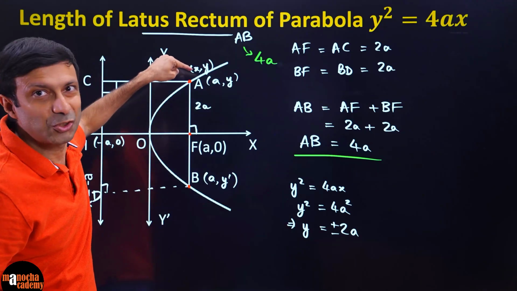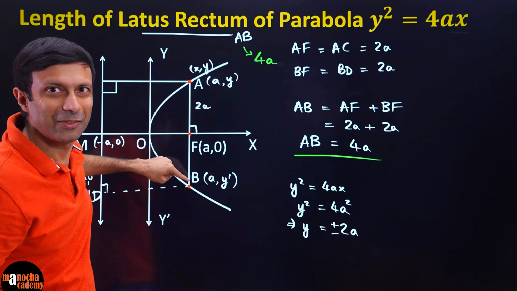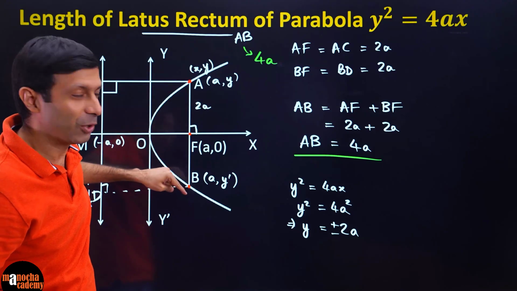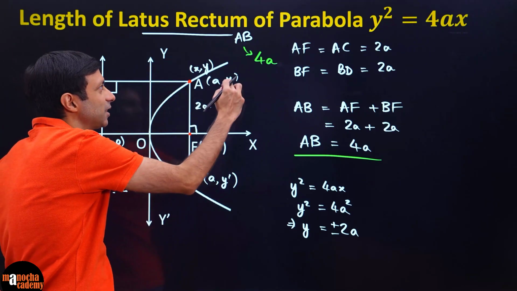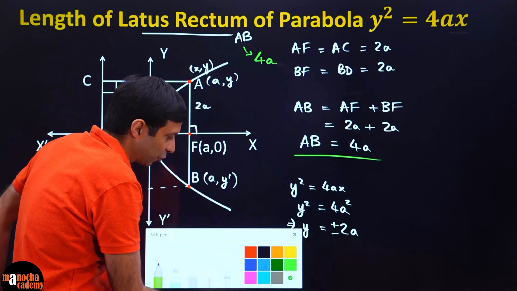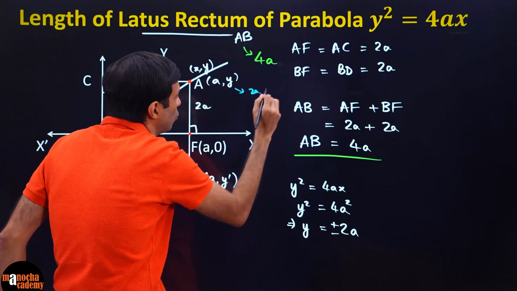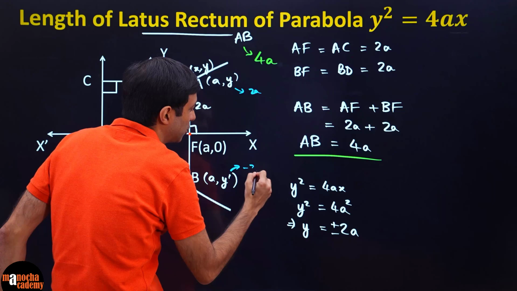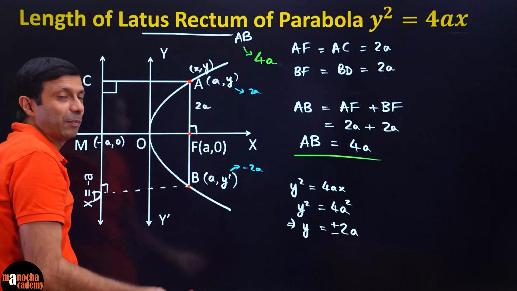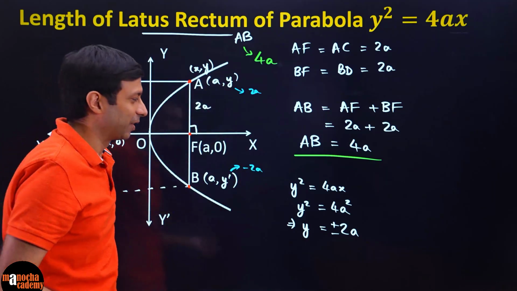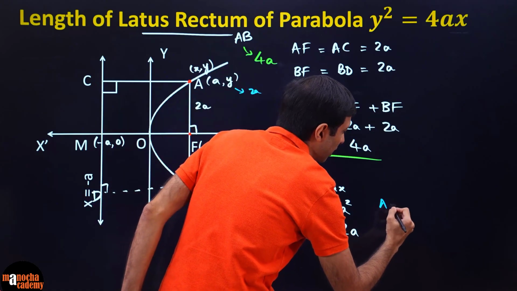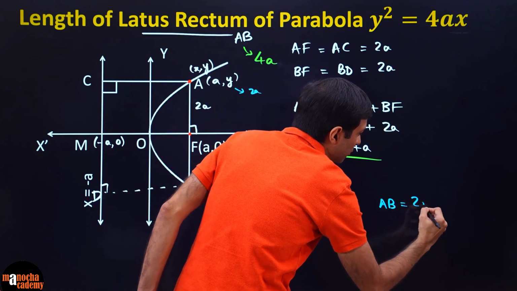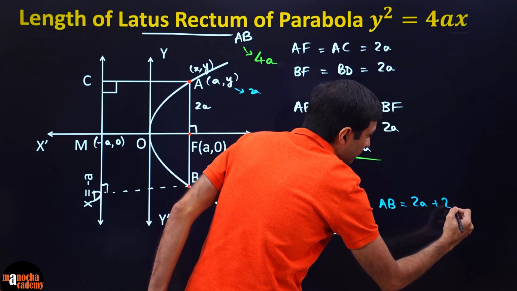Because plus 2a, minus 2a, one value for A, one for B. Do you guys agree? So what will be the distance? This y value becomes 2a, this becomes minus 2a, the total distance will again be 2a plus 2a, 4a. So AB will be equal to 2a plus 2a, which is 4a.